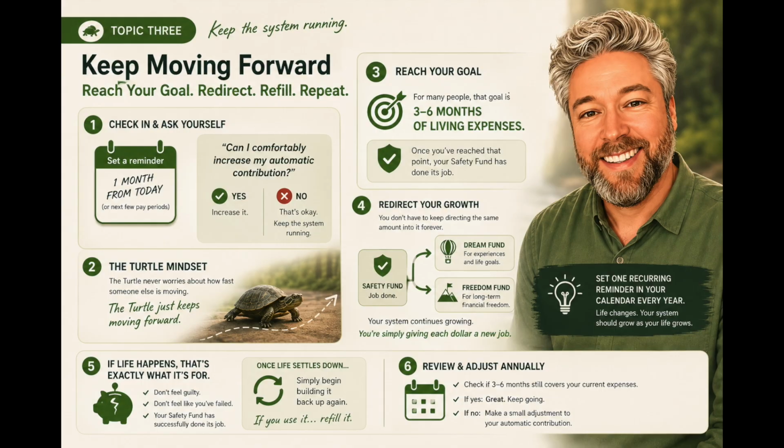So take 5 minutes once a year, put it in the calendar, and what you're going to ask yourself is, if I needed my safety fund today, would it still cover the 3 to 6 months of my current living expenses? If the answer is yes, that's great. Reset the reminder again for 1 year. If the answer is no, make the small adjustments in your automatic contribution. Your financial system should grow as your life grows.